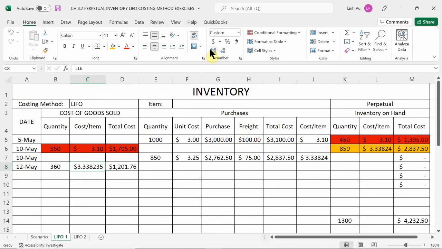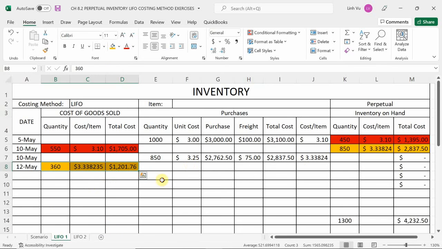Right, I got $1,201.76. Yeah, I was off by a number when I put it in. Sorry. No worries. Okay, so in this case, we know this one came from our last batch of inventory, which was our orange batch here.